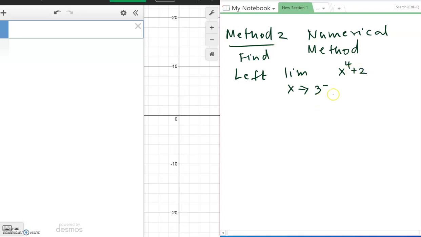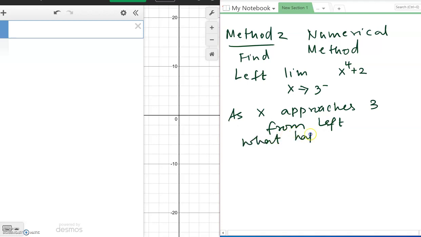So the question here is, as x approaches 3 from the left, what happens to y? Here y, or f of x, is x to the power 4 plus 2.